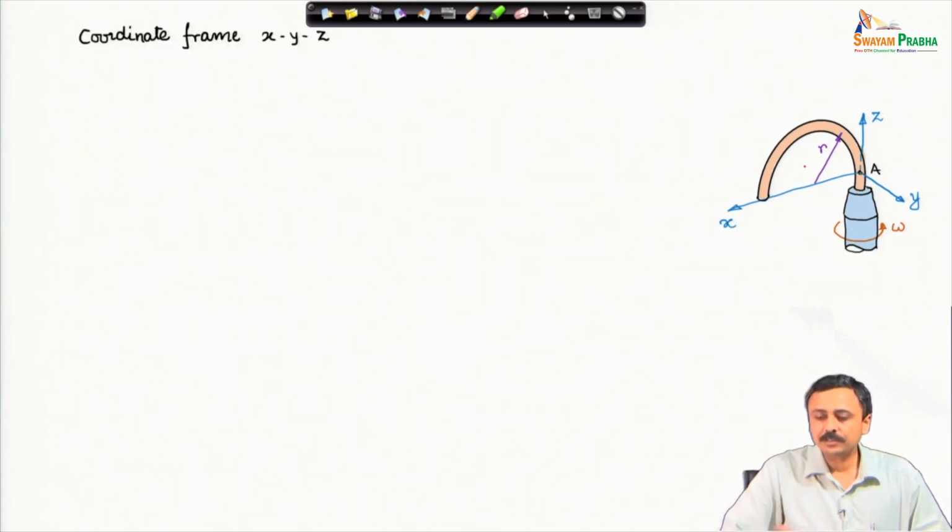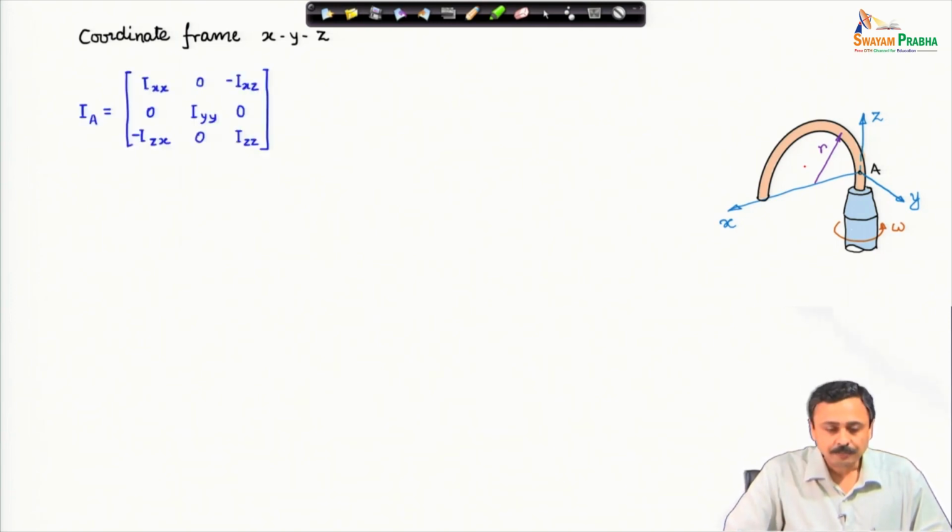We choose this coordinate frame x, y, z. This frame is fixed to the rotating shaft and aligned so that the semicircular rod lies in the x z plane, and y is perpendicular to the plane in which the rod is.